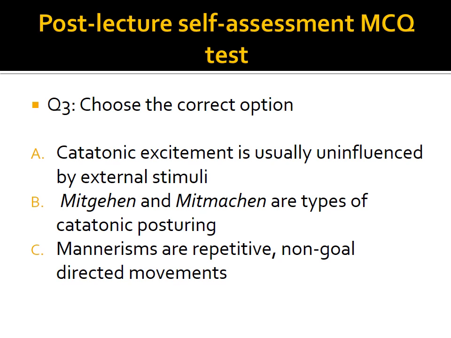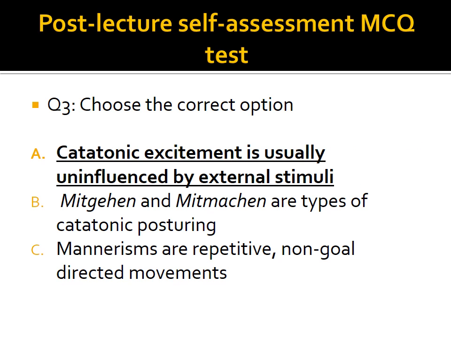And the correct answer is A. Catatonic excitement is usually uninfluenced by external stimuli. Option B is wrong because these are types of automatic obedience. And option C is wrong because mannerisms are goal-directed movements.